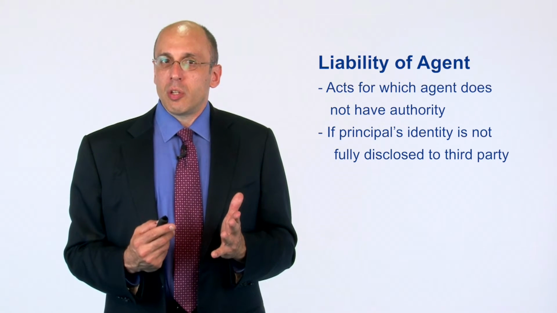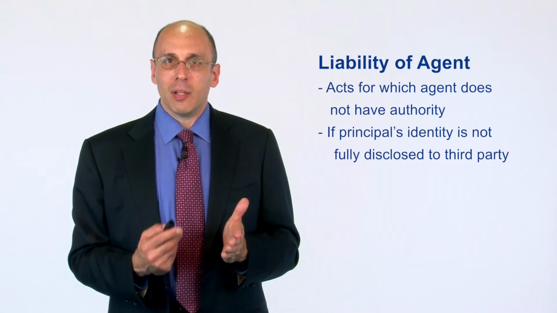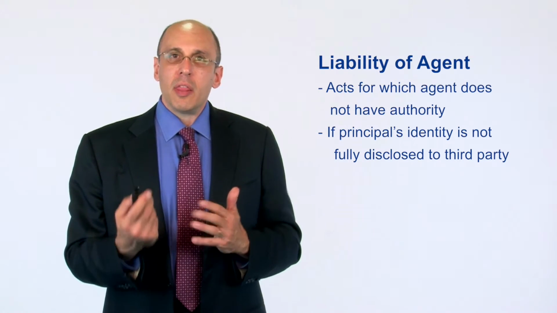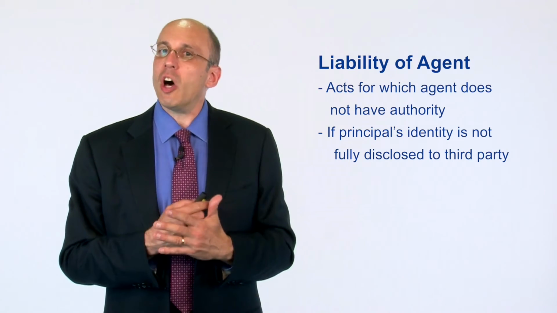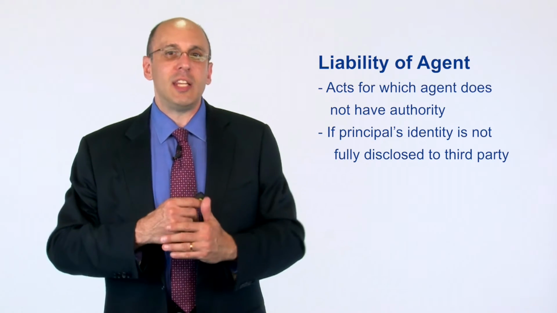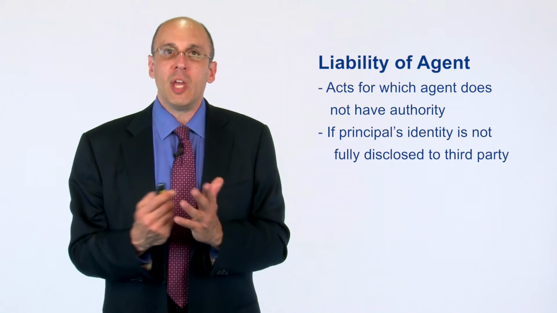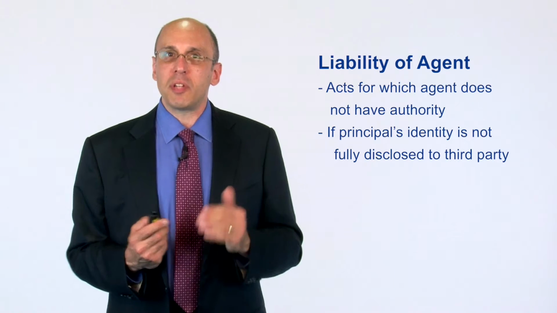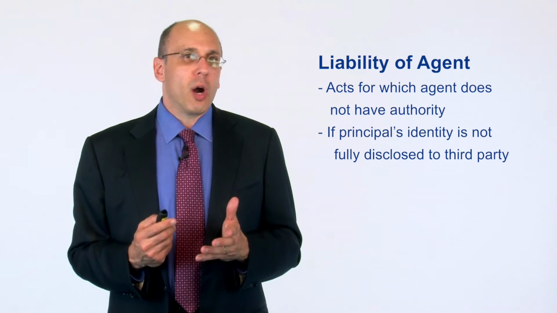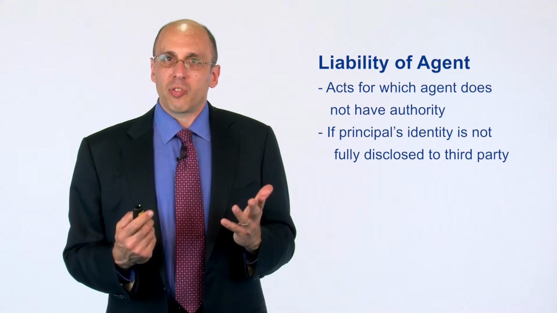If the agent does not tell that third party that the agent is acting on behalf of a principal, in other words, if the principal is undisclosed, the identity and even the existence of the principal is not known to the third party, then the agent is potentially on the hook for any negligence that might result.